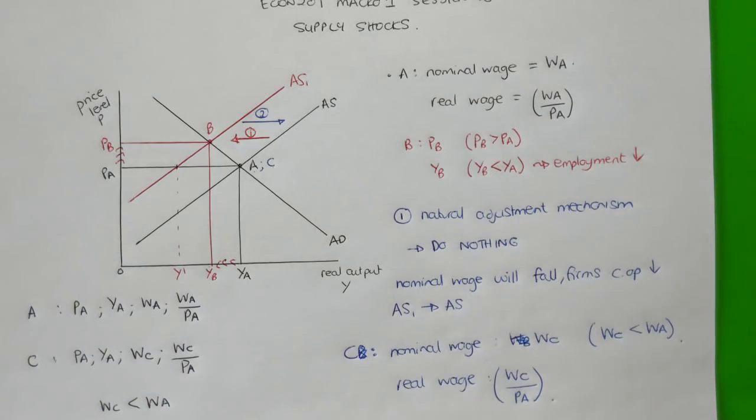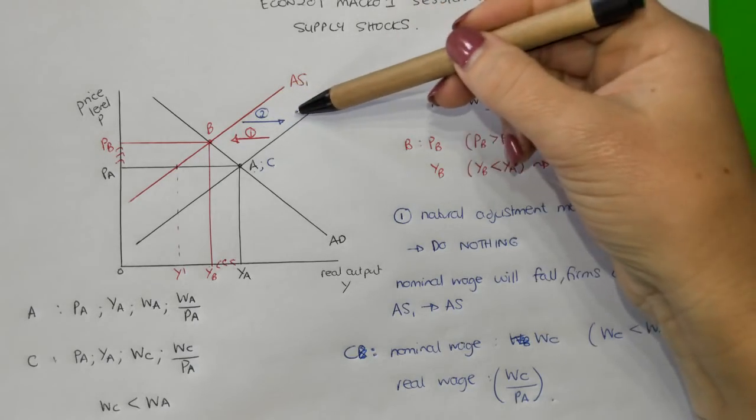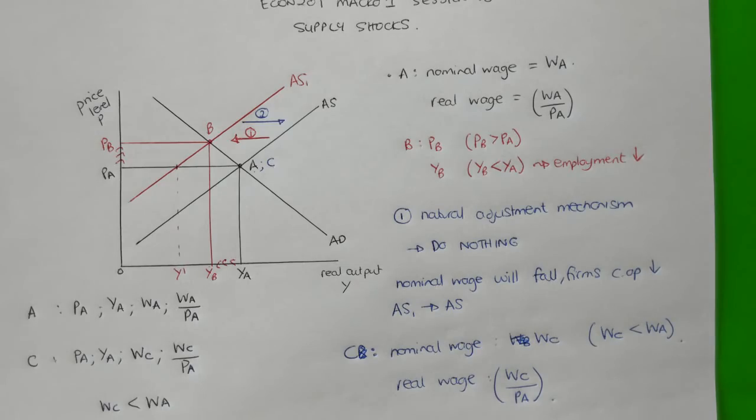Okay, so that's the natural adjustment mechanism. One thing to note is that the natural adjustment mechanism is not something which governments typically like to follow. Why? Well, because it's not certain how long it is going to take for this natural adjustment mechanism to unfold.